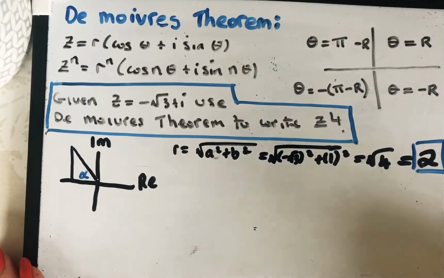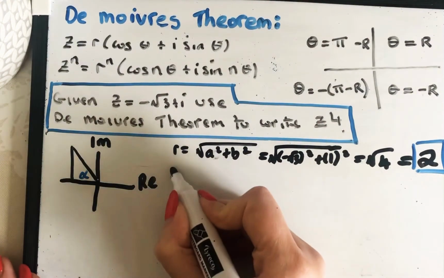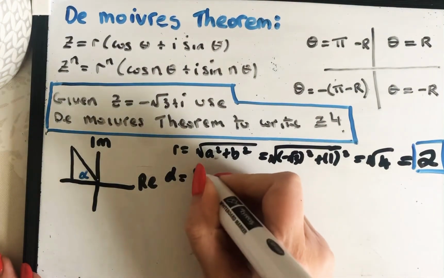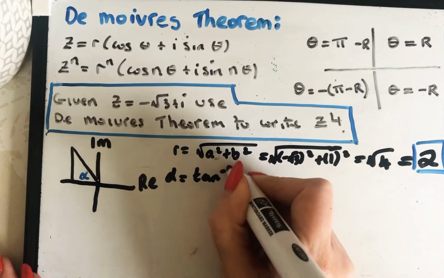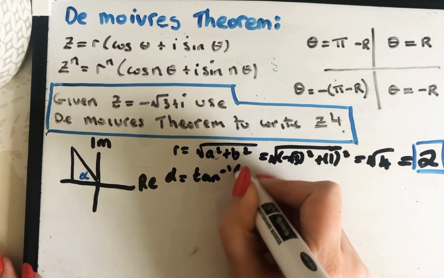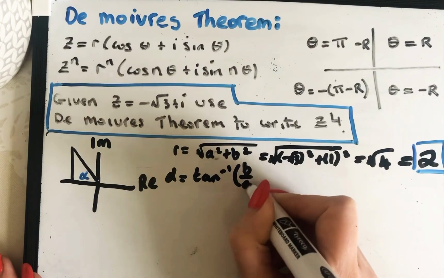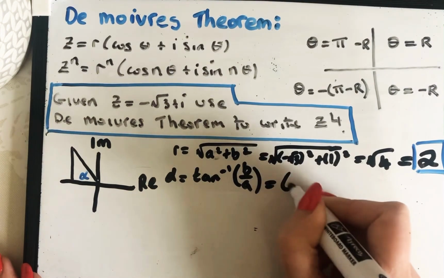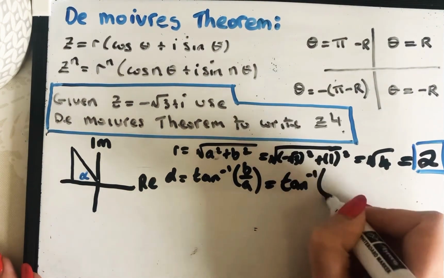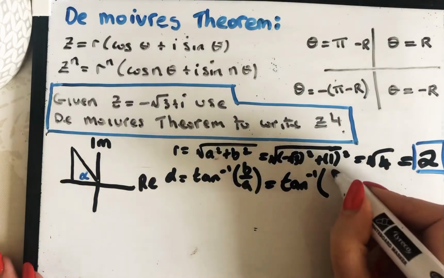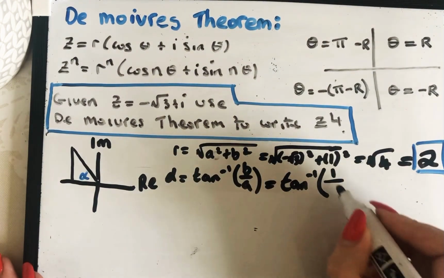Now let's look at the value for our alpha. So our alpha is equal to tan inverse of b over a. So we've got tan inverse, our b is 1 and our a is root 3.